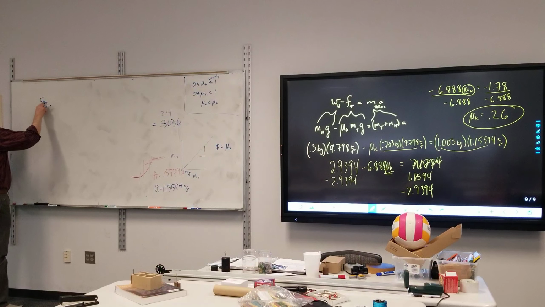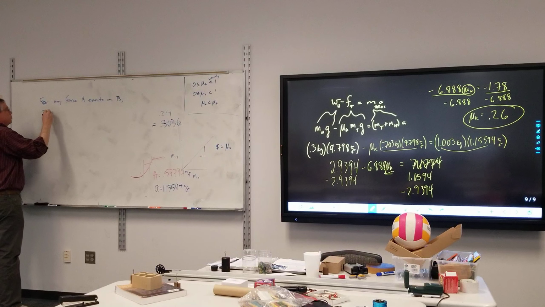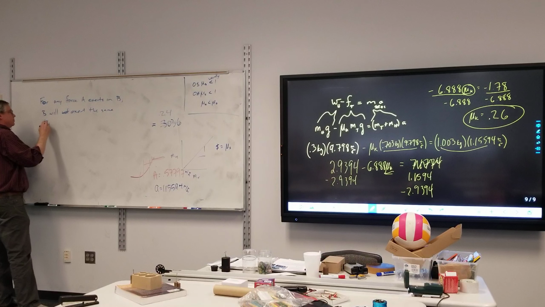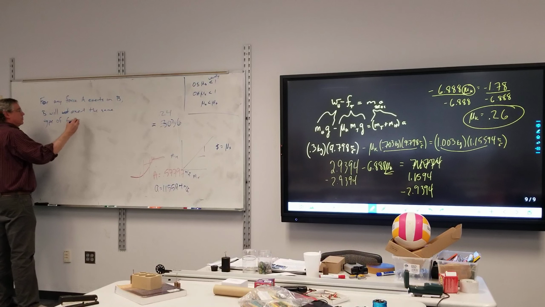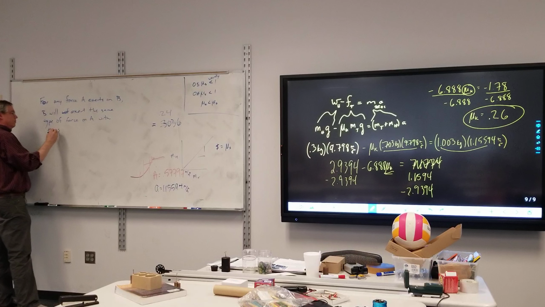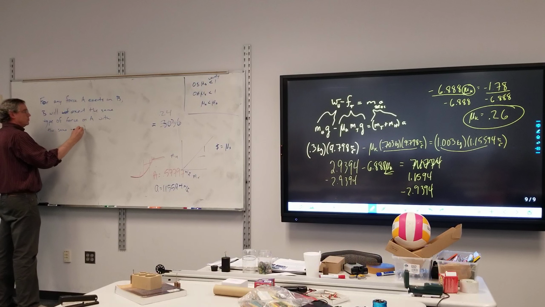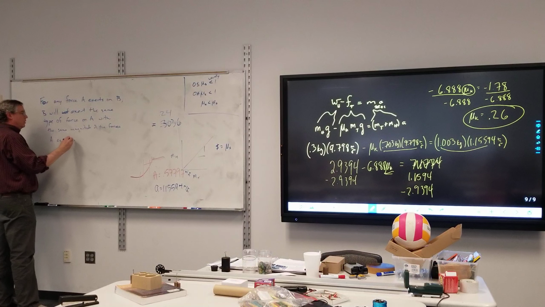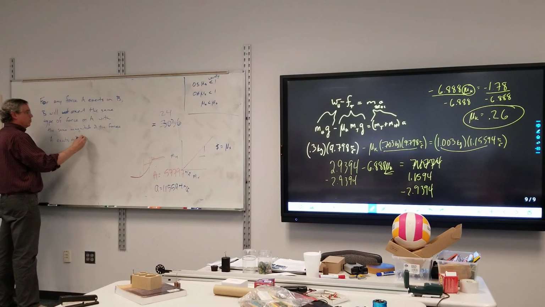For any force A exerts on B, objects A and B, B will exert the same type of force on A with the same magnitude as the force A exerts on B, but in the opposite direction.